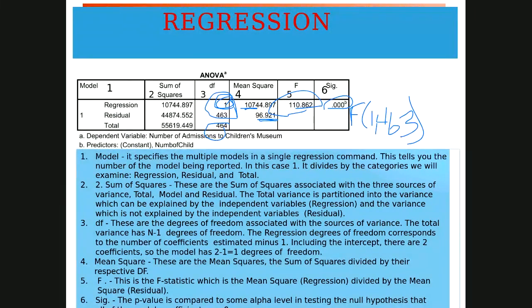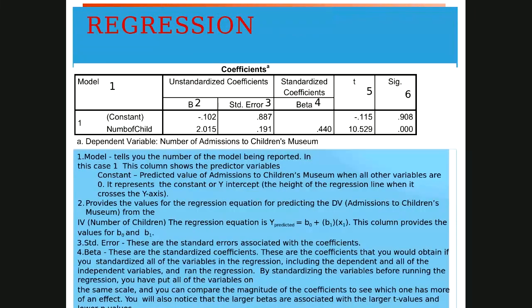Okay, and then finally, the last box is the coefficients. This is going to be really important starting next week when we deal with multiple regression. But this week, because we only have one predictor, we can look at the number of children and how well that does as a predictor. It gives us a t-value and a significance.